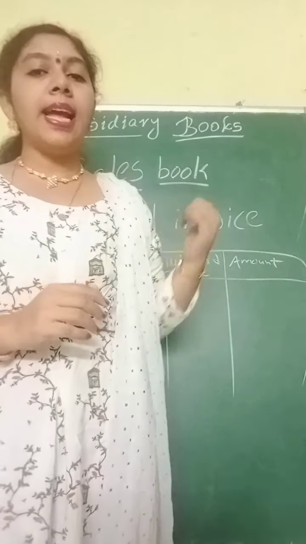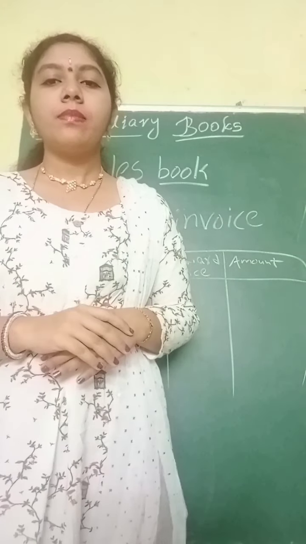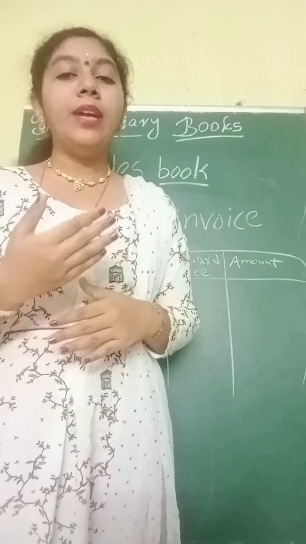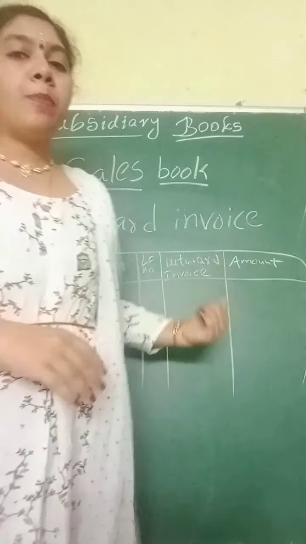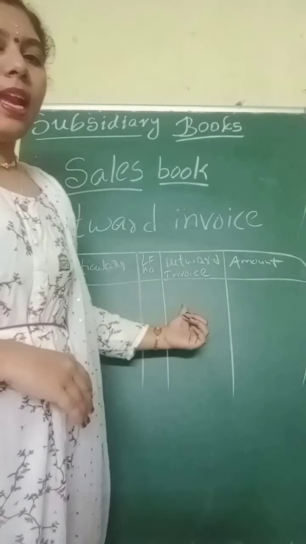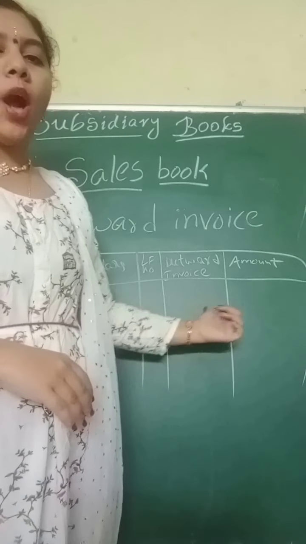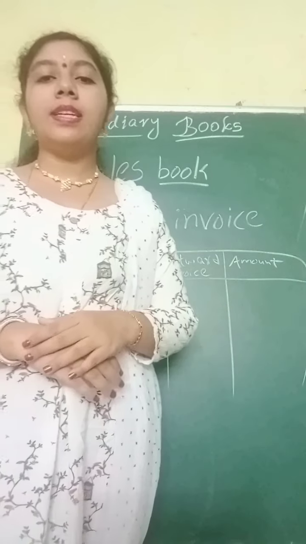Here in the sales book we have the outward invoice number. This is our pro forma for the sales book: date, particulars, LF number, outward invoice, amount.